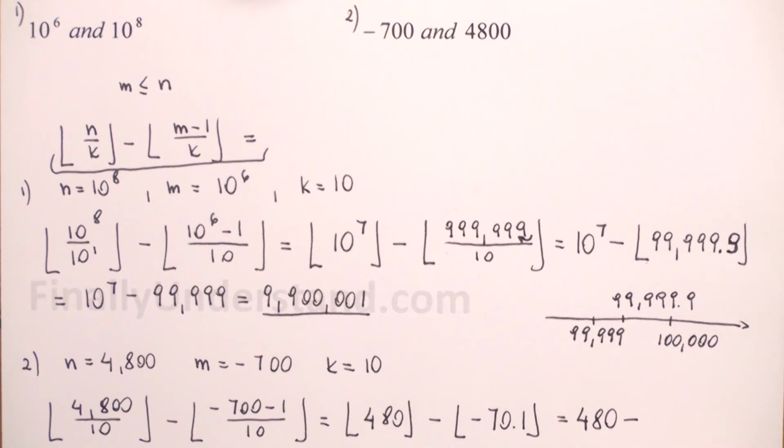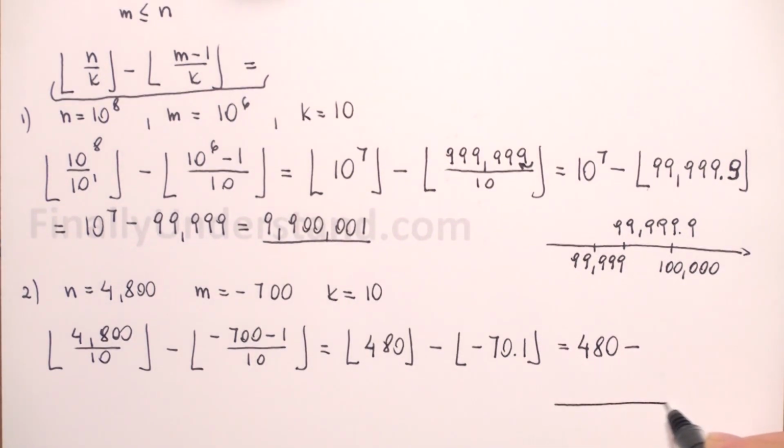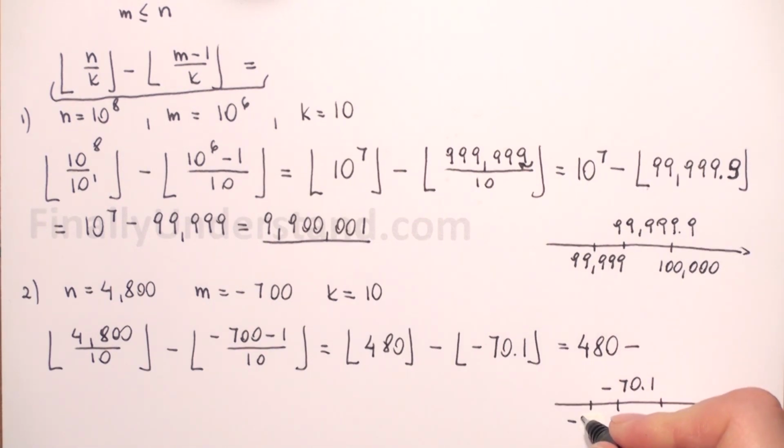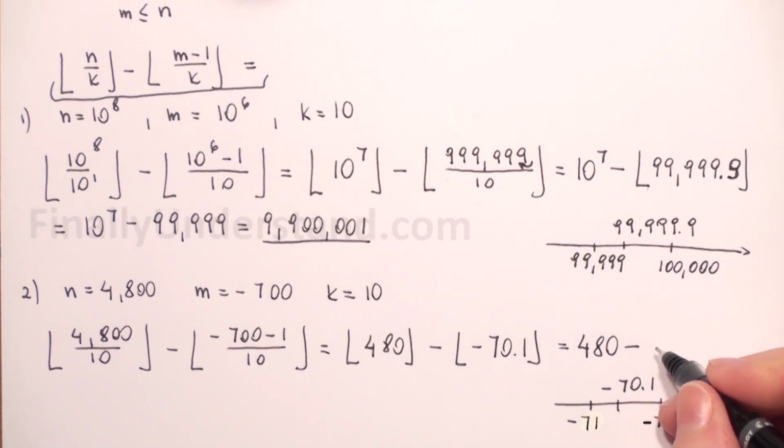Now you can always draw number line if you can't find between which integers is this number. We have negative 71 point... negative 7.1 is between negative 71 and negative 70. So the largest integer less than this number is negative 71.